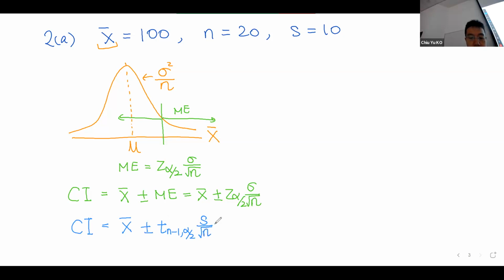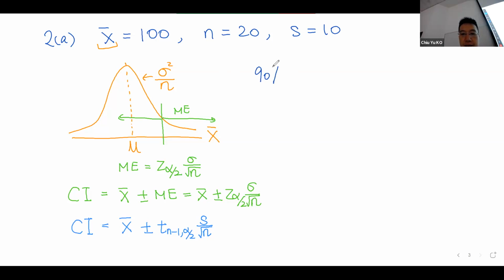That was proved by a man called Student, so it's called the Student T distribution. You have to be careful to look at T n minus 1. So you can simply plug in, and the answer we need to write is like this.